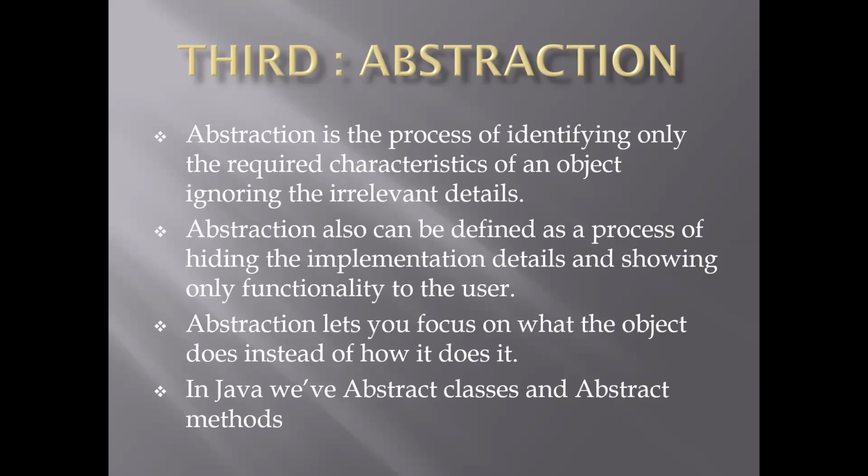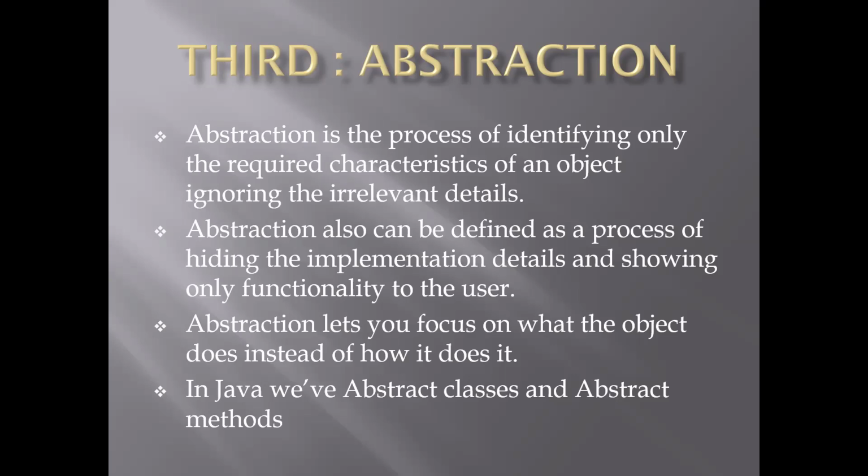Another definition of abstraction is a process of hiding the implementation details and showing only functionality. I only show the functionality of an object, but I hide the implementation that makes the object work the way it does.